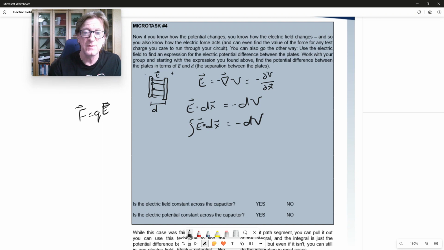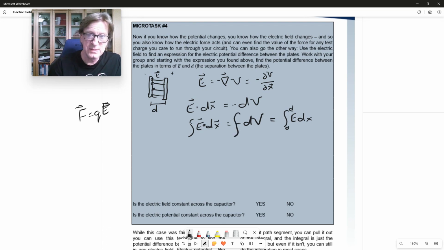And that's going to be pretty convenient. So that's just E dx. E, we decided, was constant, and it's going a distance from 0 to d. So since it's constant, I can pull it outside the integral. Integrate both sides here.